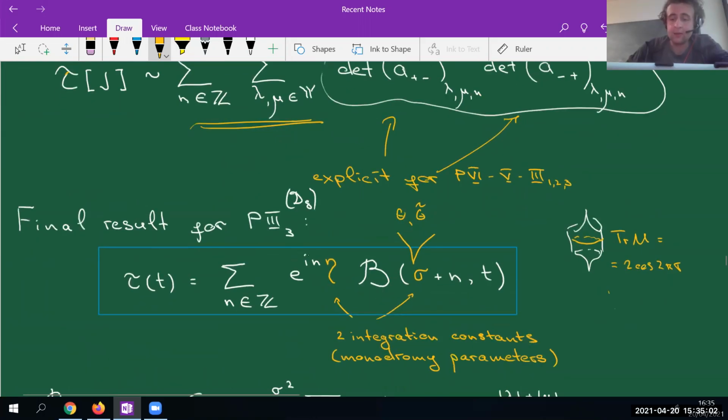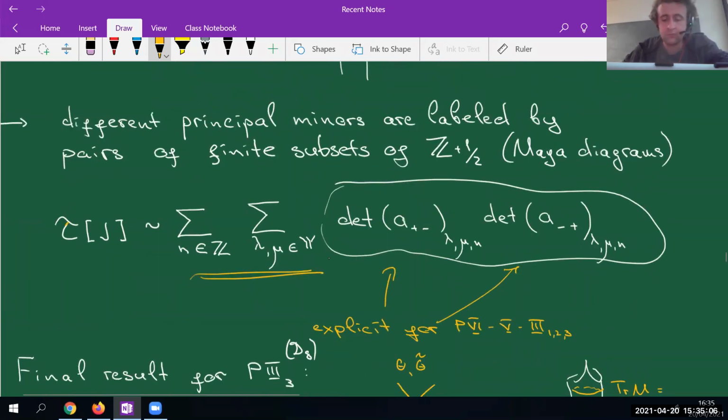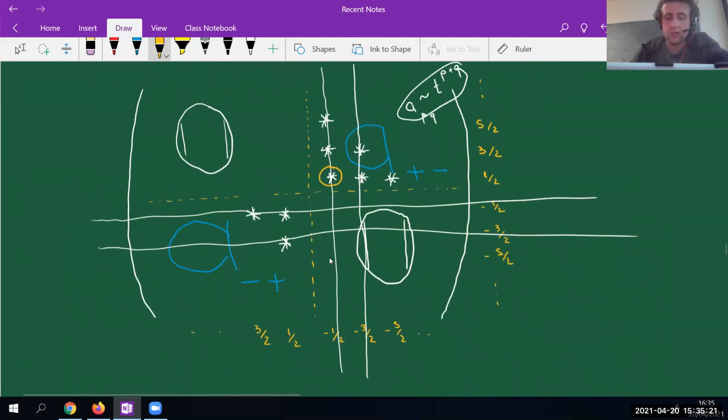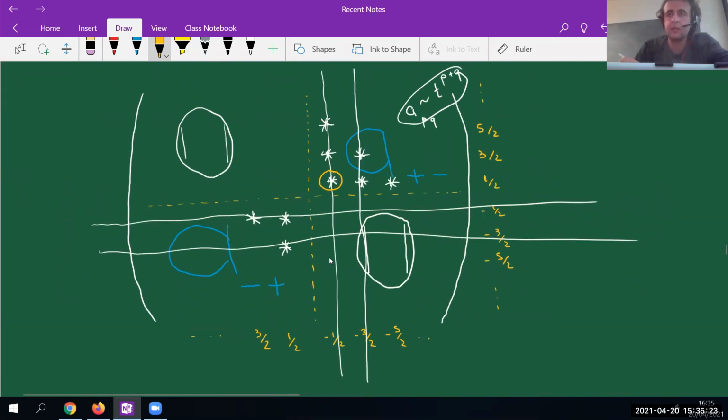But on the other hand, one of the points that I would like to emphasize is that in order to obtain this formula, you actually don't need to know anything about CFT or gauge theory. What I am doing is just expanding a determinant in the sum of principal minors.